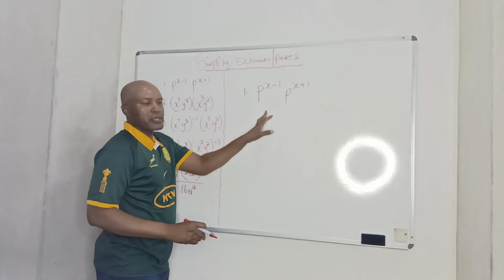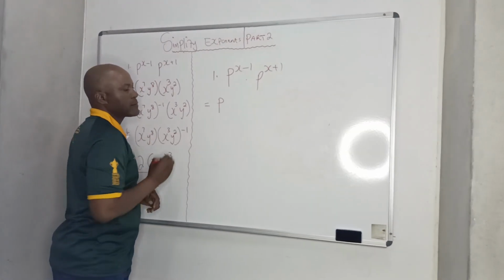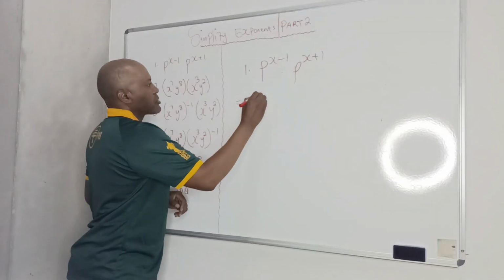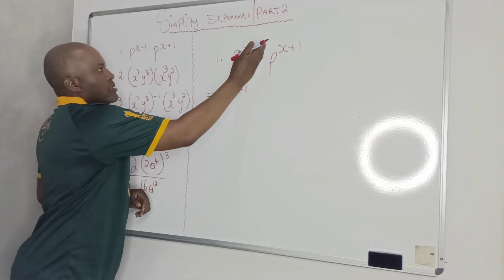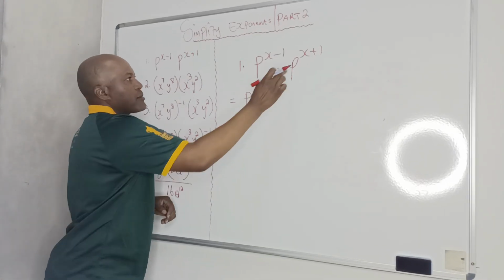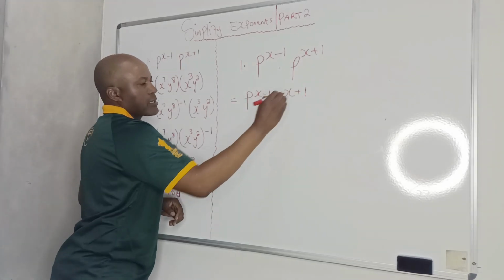You can see the bases are the same here. We take one base and add the exponents: x minus 1 plus x plus 1.